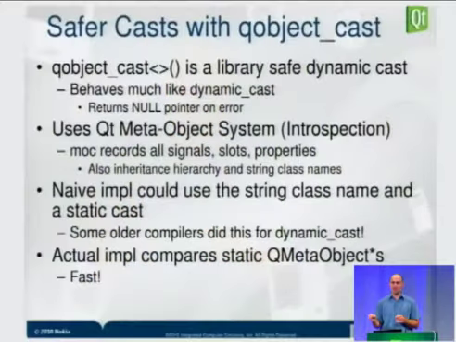In fact, that's what some older compilers used to do for dynamic_cast. Pretty ugly. However, the actual implementation uses the meta object pointers. Because for every class that you instantiate, there's still only one meta object for that group of classes. It's static information. So qobject_cast is as fast, relatively, as dynamic_cast.